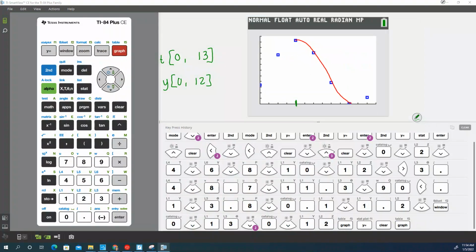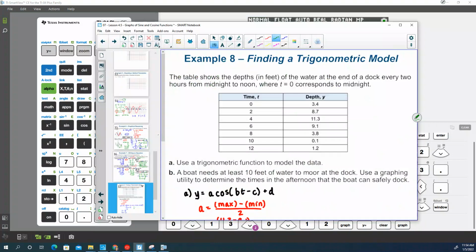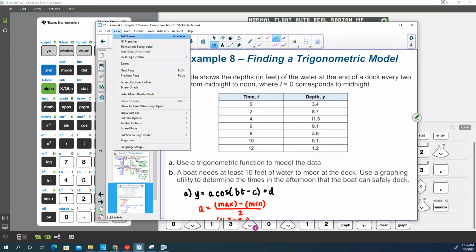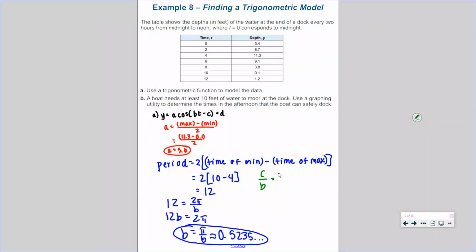So we're thinking it's shifted over 4, but I have to factor in B. So it's starting at 4, and if B is pi over 6, times both sides by pi over 6, 4 times pi over 6 is 4 pi over 6, which is 2 pi over 3, which, yes, that decimal was perfect, 2 point, what did you say, 0.9? Okay, good, we found C.